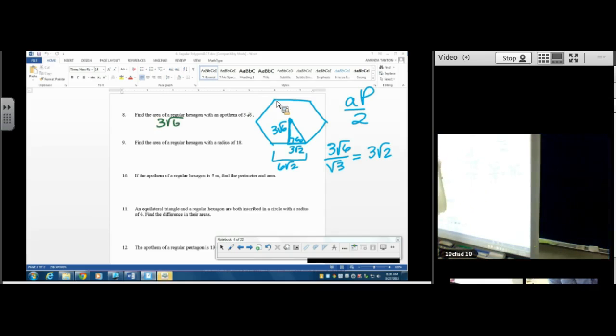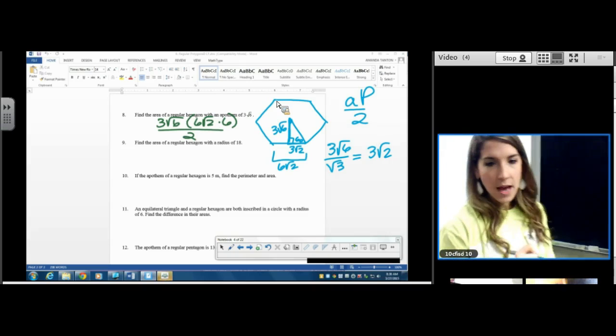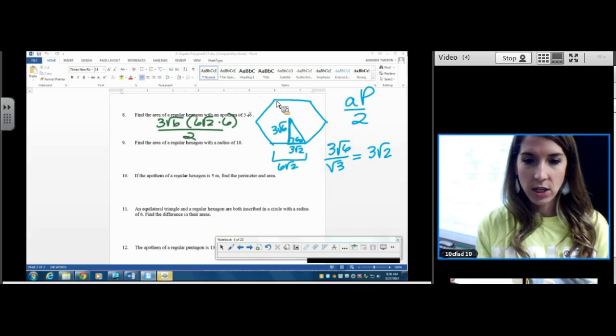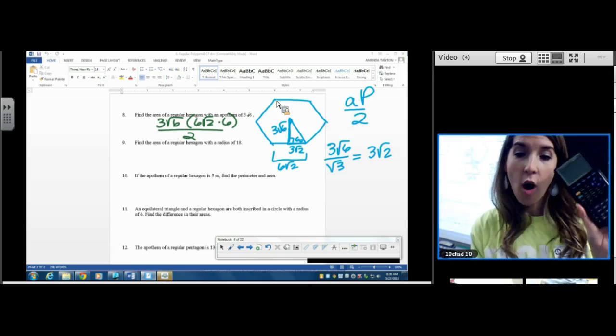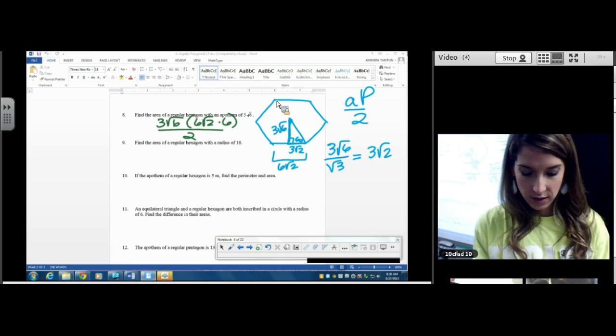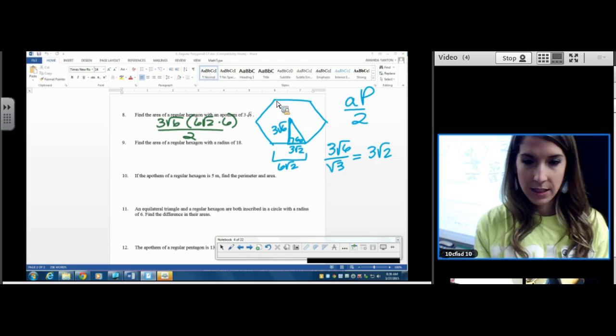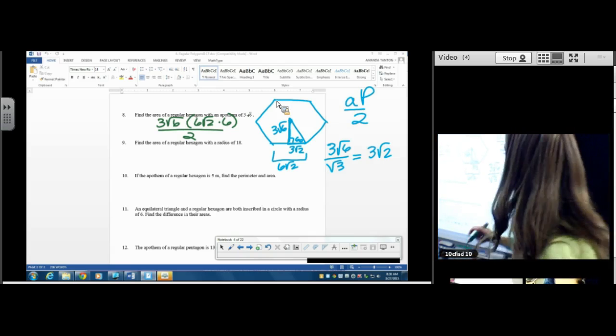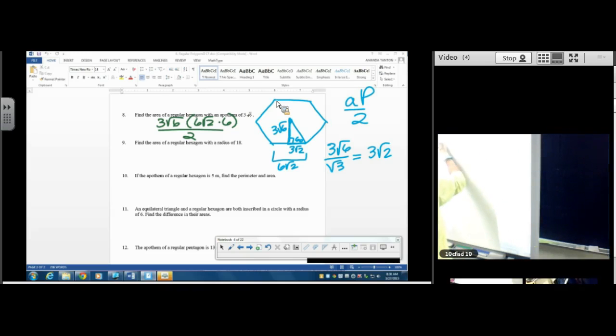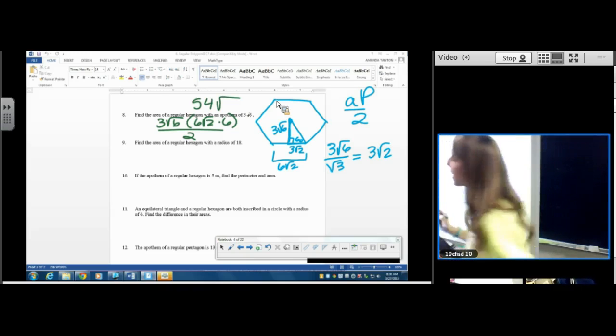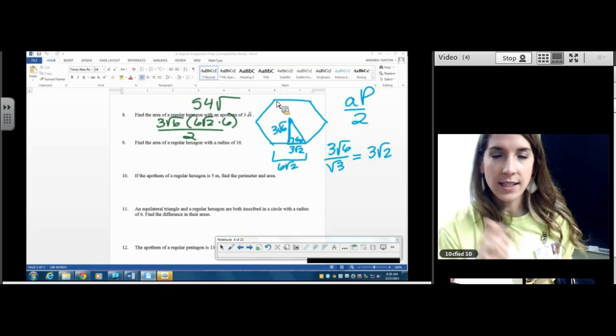Apothem times perimeter, side times number of sides, divided by 2. I'm going to multiply all of my integers first. 3 times 6 times 6 divided by 2. I get 54. Now I'm going to multiply my radicands. 6 times 2.